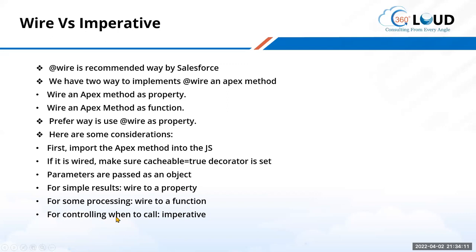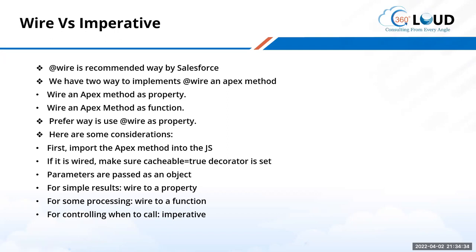And for control, like when we click on a button the method should be invoked and give the results, then we can use imperative. That means when we want to perform some actions on particular events, like button clicks, or a link, or when I click on a checkbox, we can use imperative.